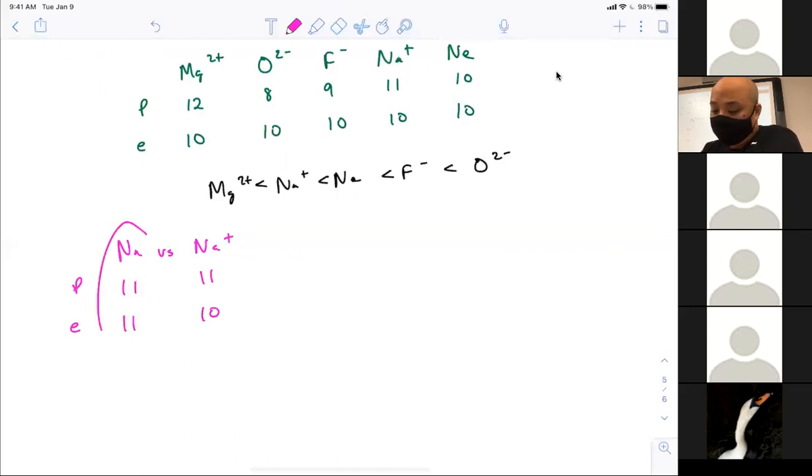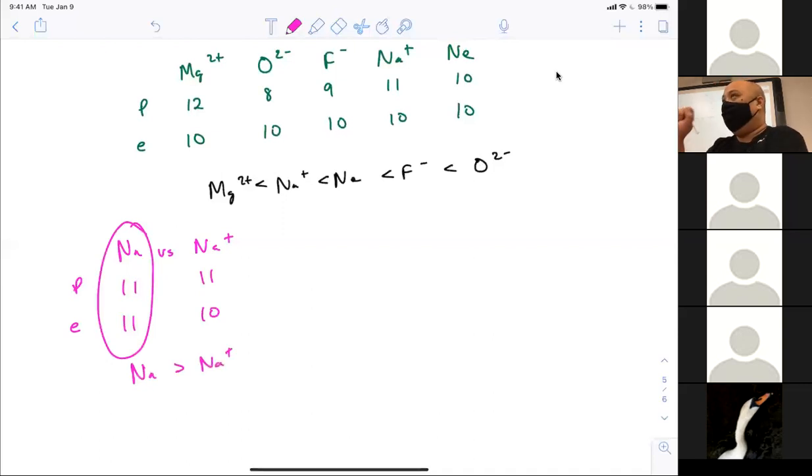Okay, why, Aiden? It has more electrons, and more significantly, it also has an additional what compared to Na plus? Yeah, but where's that electron? On the next shell, right? So there's an additional shell there as well. Therefore, Na is going to be bigger because it has 3 shells or energy levels versus 2.